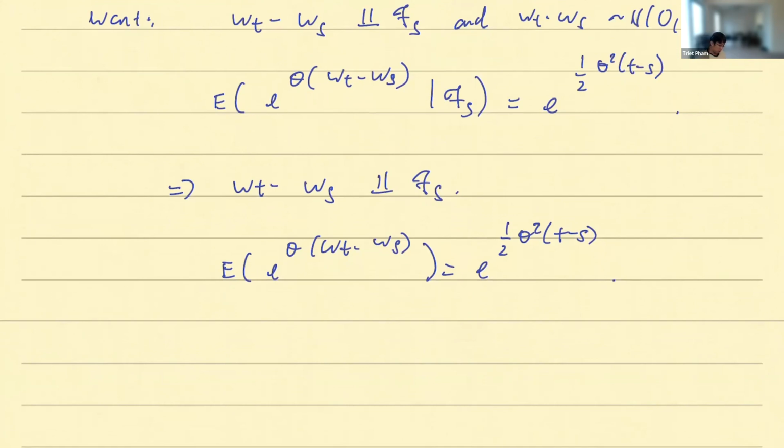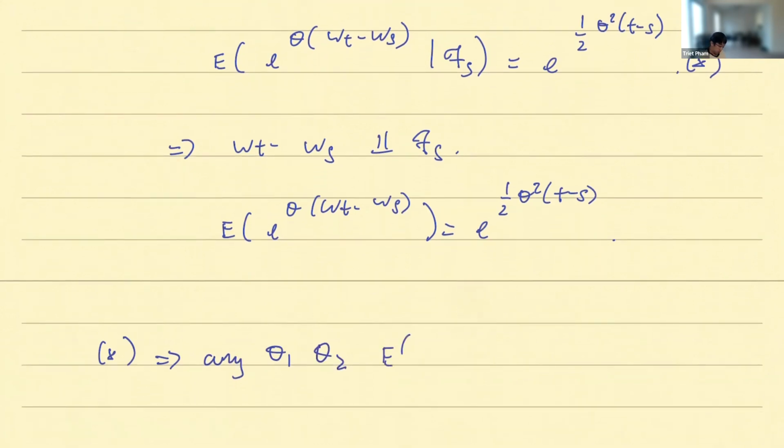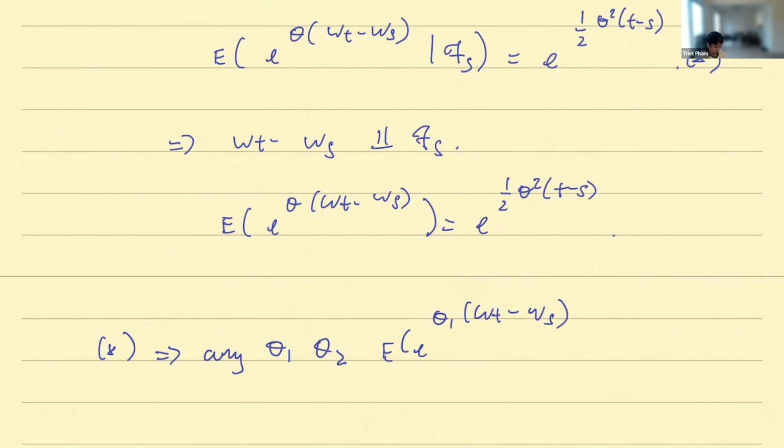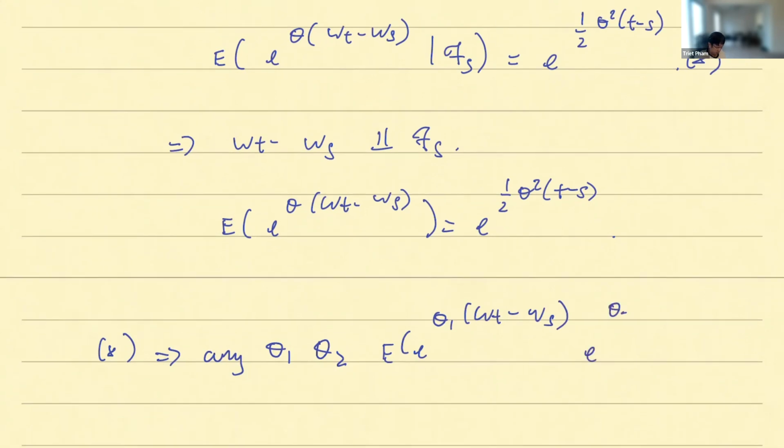If you want to carefully show why this is true, you could do something like this. You can show that this, let's say star, would imply that for any, let's say, theta 1, theta 2, you need to be careful here, then the expectation of e to the theta 1 (W_t minus W_s) and so on will be this. By the way, W_s is not enough; you need any W_r with r less than s, whatever. The technicality just gets boring, but what you say is almost enough.